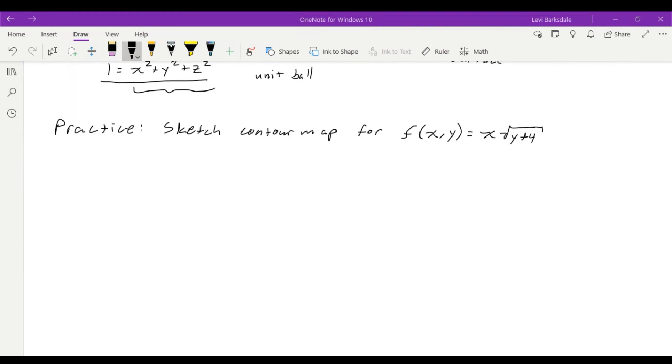All right, how's it coming? Got a horizontal asymptote at y equals -4, a straight vertical line, x equals 0.